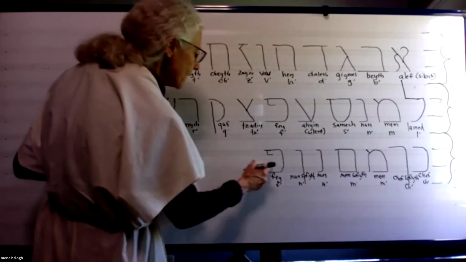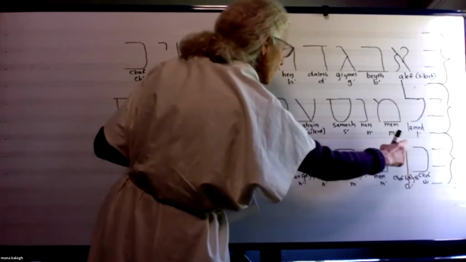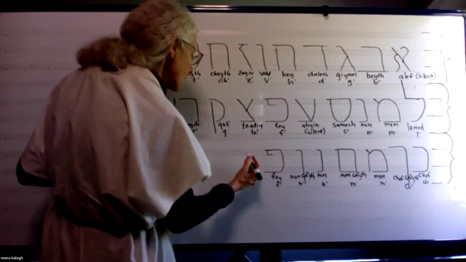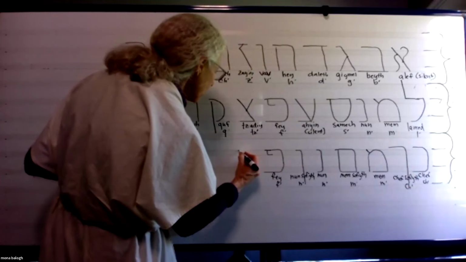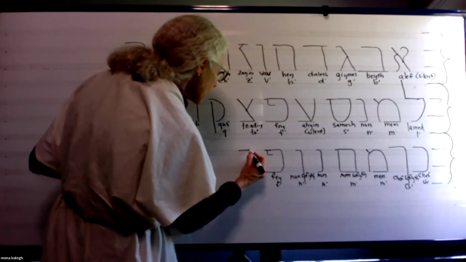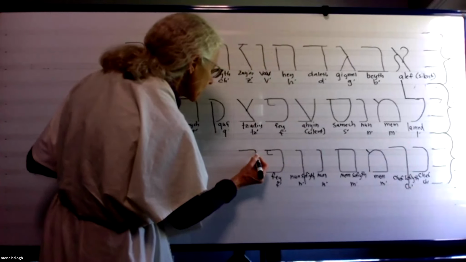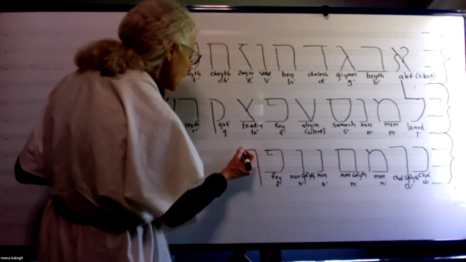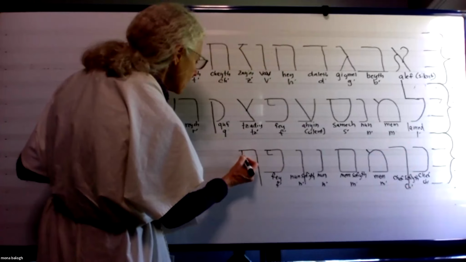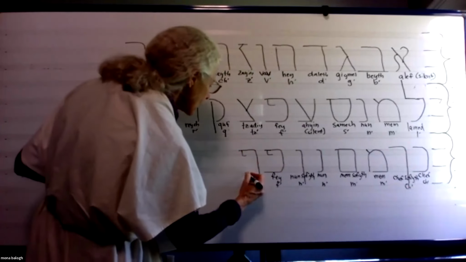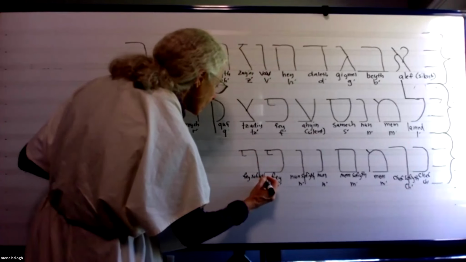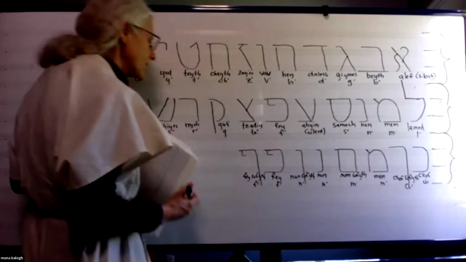And now fey sofiyth is going to look just like the chaf, but with that upside down and backwards yud. Upper left, across to the right, curve down like a resh, keep on coming down like a chaf sofiyth. Up and in, fey sofiyth. That's the f sound.